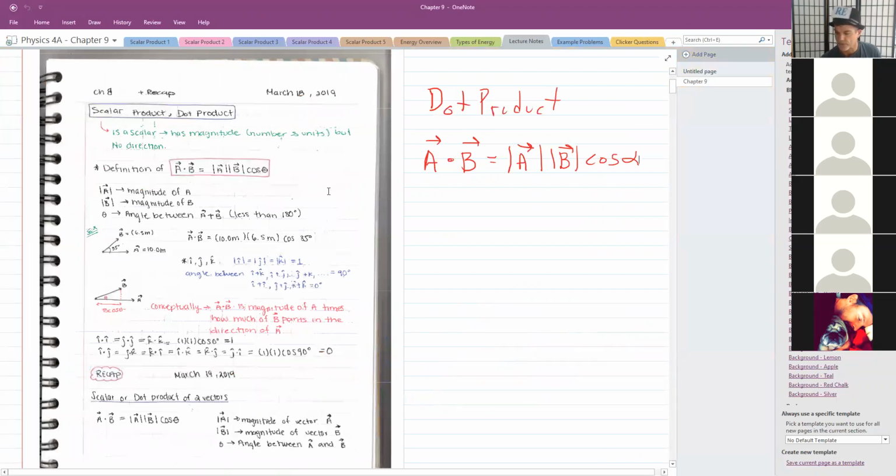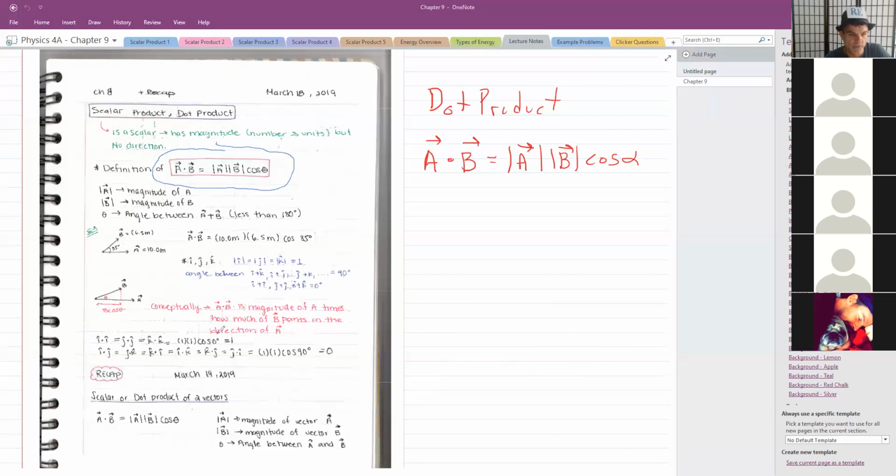Okay, so yeah, there's 2 ways that the dot product is defined. One, it's just the magnitude of one vector times the magnitude of the second vector times the cosine of the angle between them.